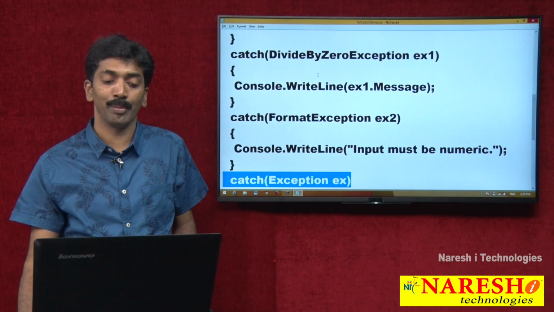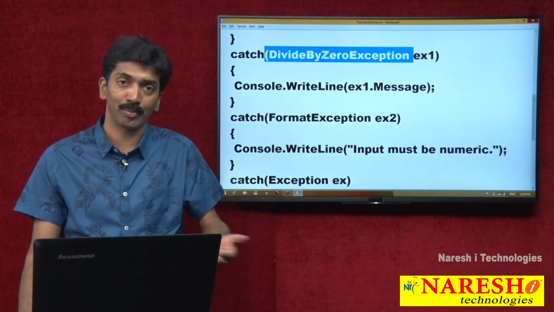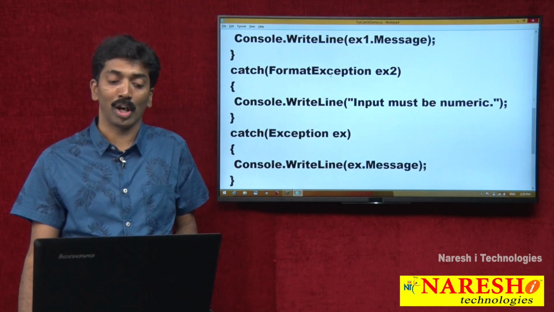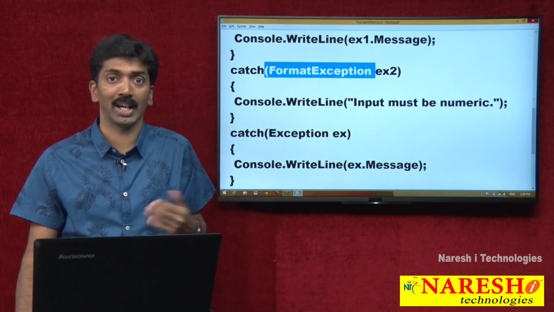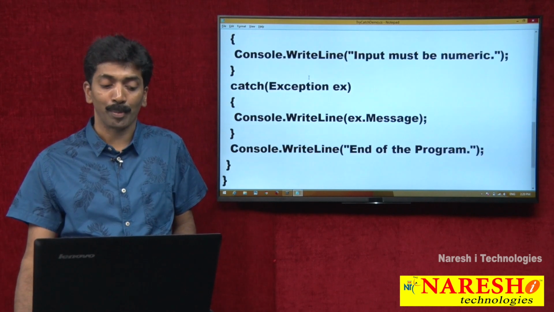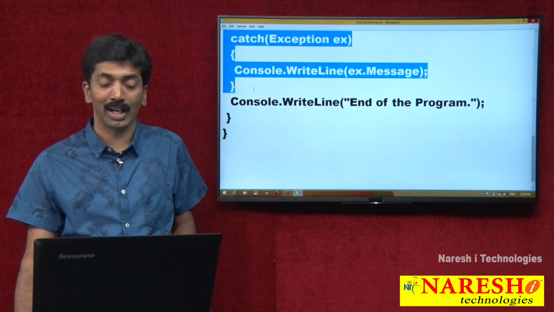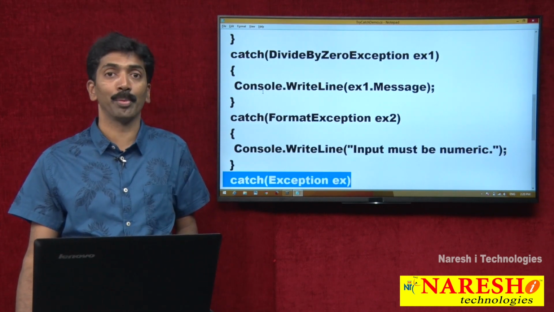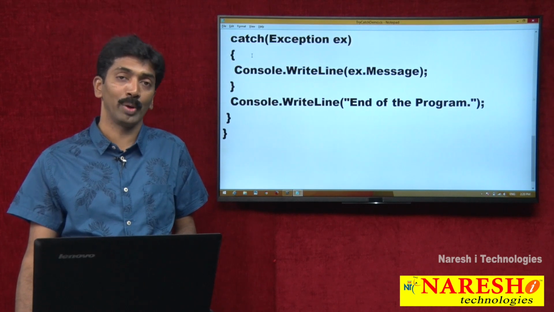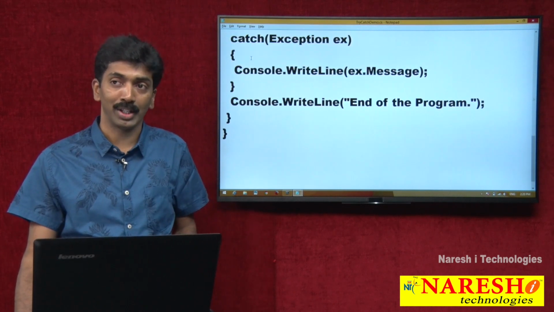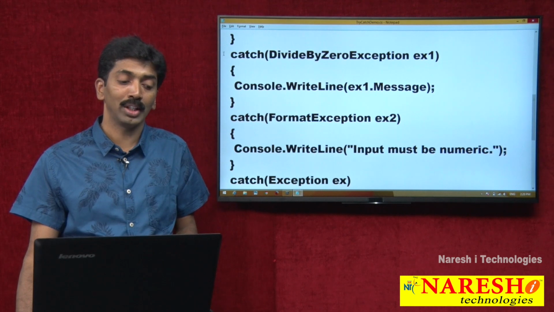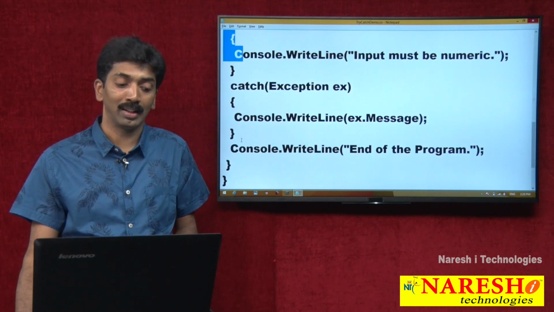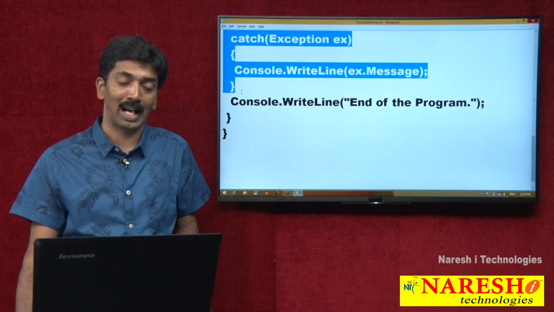When I get a divide by 0 exception, I want to perform some action. When it's a format exception, I want to perform a different action. So if I put everything through one catch block, I cannot perform different actions here. That is not possible. We can only do the same action always. That is the reason why you first go with individual catch blocks and then add this as a last option.